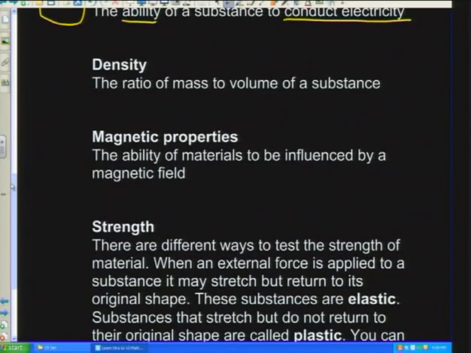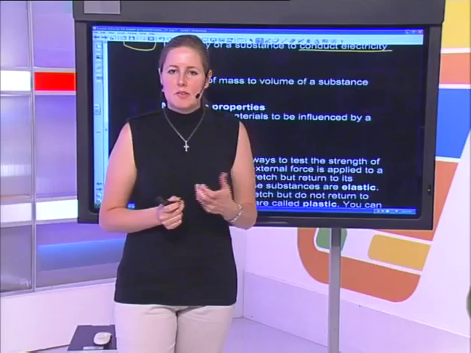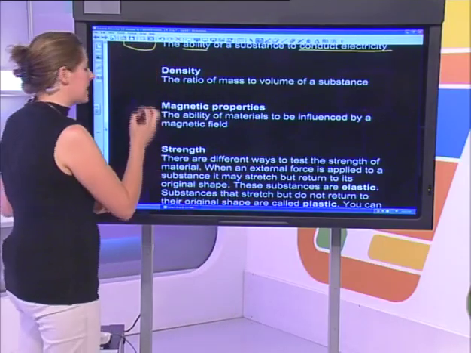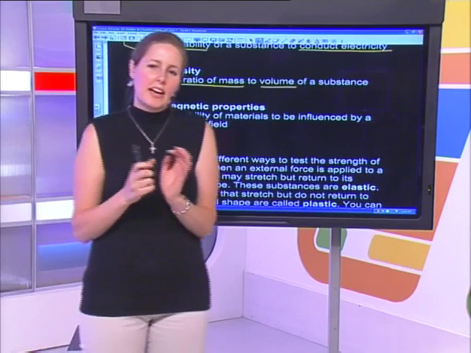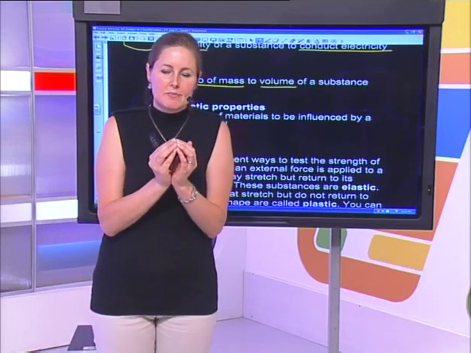Let's get through to density. Now, density is something you might have studied in the past. We're speaking with density about the ratio of the mass to the volume of a substance. And it kind of reflects back to how closely packed the substance is.